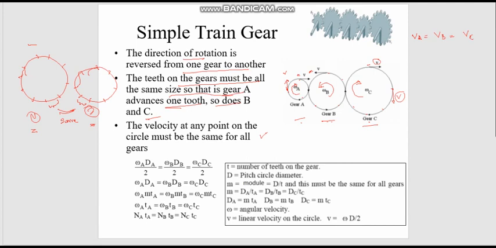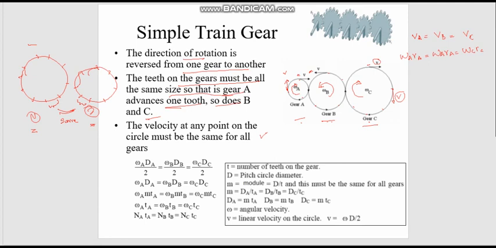The way to calculate the velocity is omega A times rA, which equals omega B times rB, and equals omega C times rC. You can define omega in terms of rotations per minute, rpm.